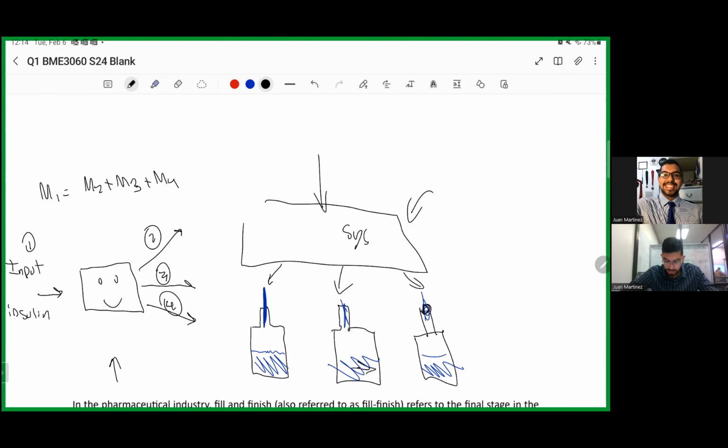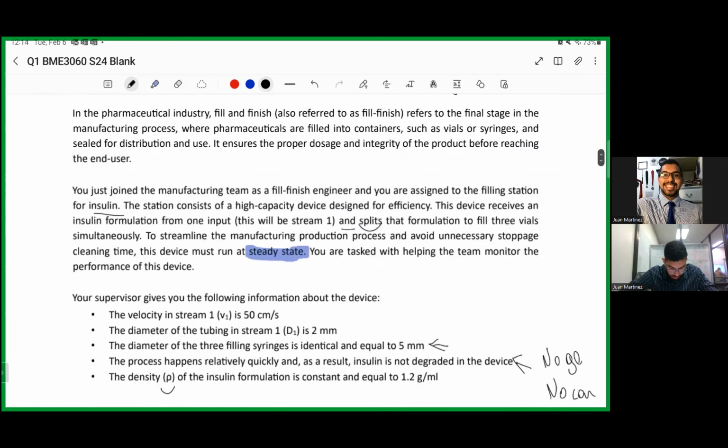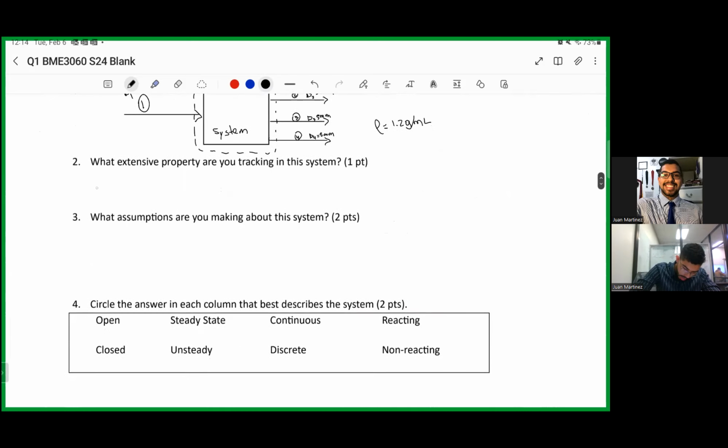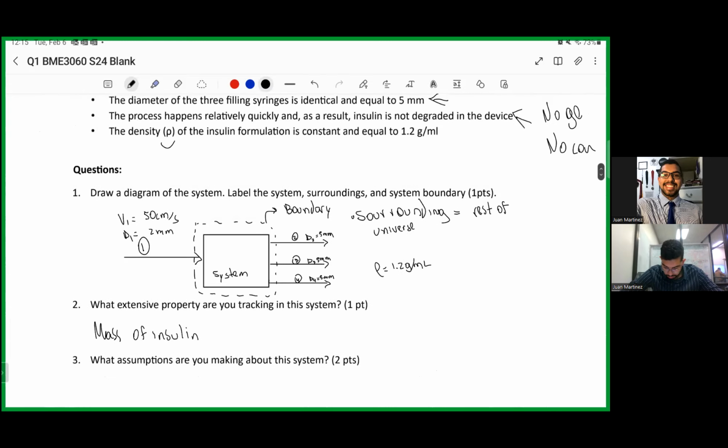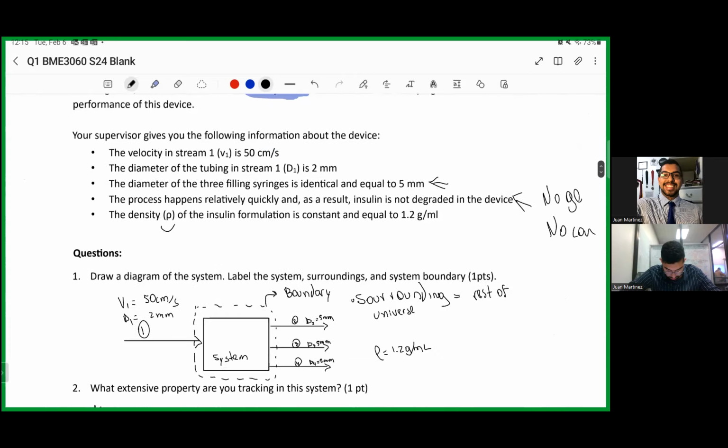So what would make sense here is to track the insulin mass. So I'm going to go right there and say mass of insulin. Yeah, that's what I'm going to be tracking, which makes sense, at least from what the problem is saying. So I'm going to go for that.